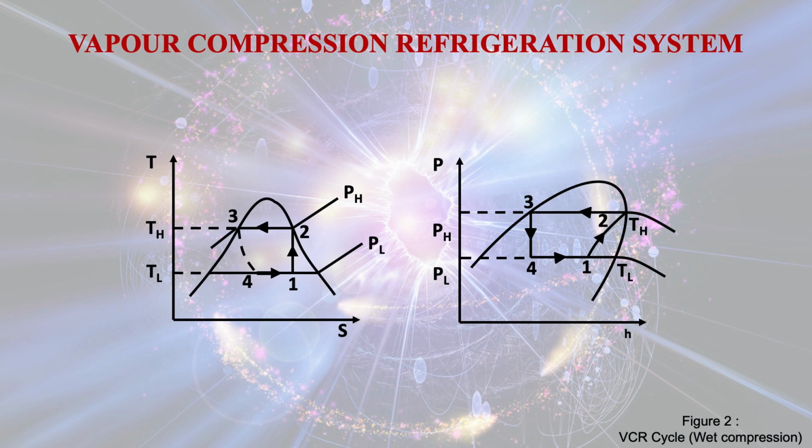Here you see that point 1 is the entry point of the compressor, point 2 is the exit point of the refrigerant coming out from the compressor, and 2 to 3 is the process going on in the condenser, and 3 to 4 is the expansion process, and 4 to 1 is the net refrigerant effect during this process, which is occurring in the evaporator.